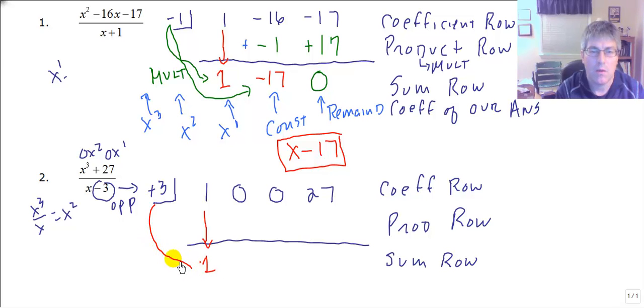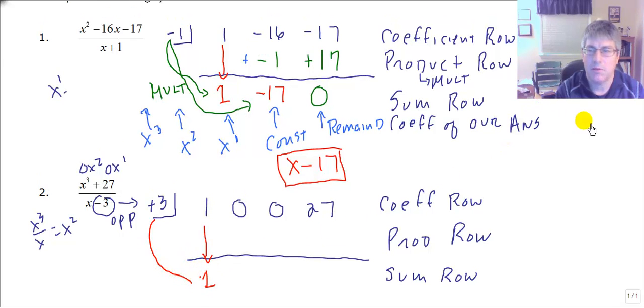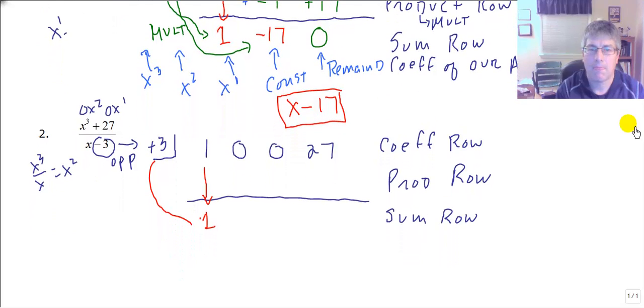And now we begin to multiply. So we're going to multiply 3 times 1, and we get 3. That goes in our product row. Then we add down. 0 plus 3 is 3.